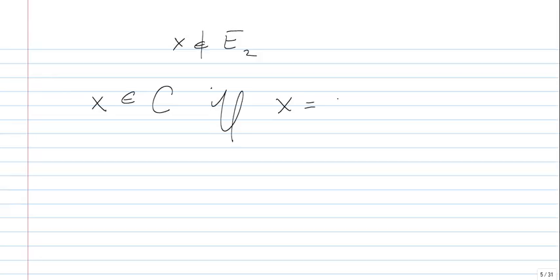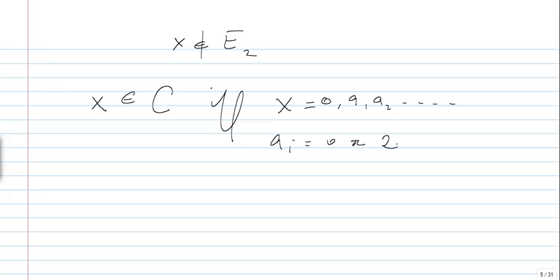So it's equal to 0, comma, a1, a2, etc. Okay? And what happened is that the AIs are all 0 or 2.